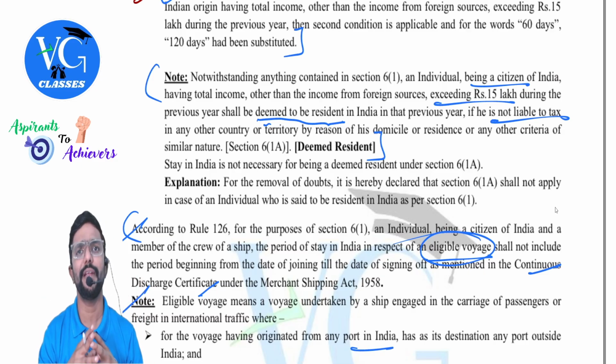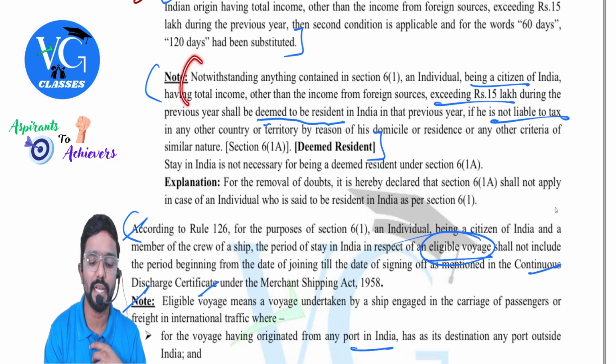Domicile means where they have a permanent home or residence or any other criteria of similar nature. They will be considered as what? Deemed resident. Will Miss Charlie fall here?